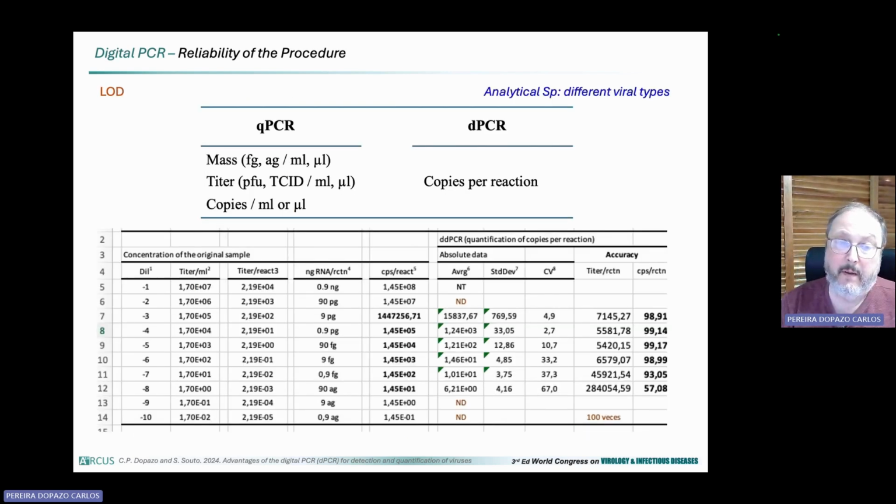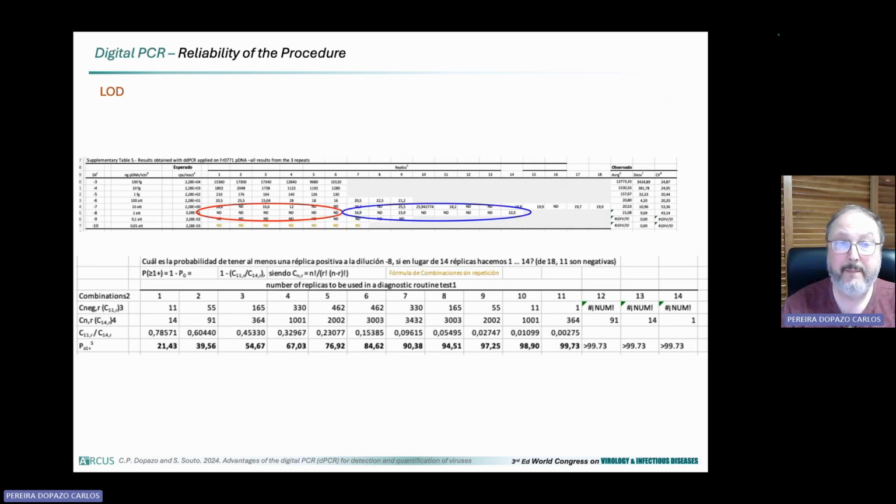The same experiments for the repeatability and reproducibility evaluation are going to give us also the limit of detection. The limit of detection is going to be below the limit of quantification and must also be below the limit of detection of the qPCR. And to ensure that, we advise the use of more than 3 replicas to get better results.